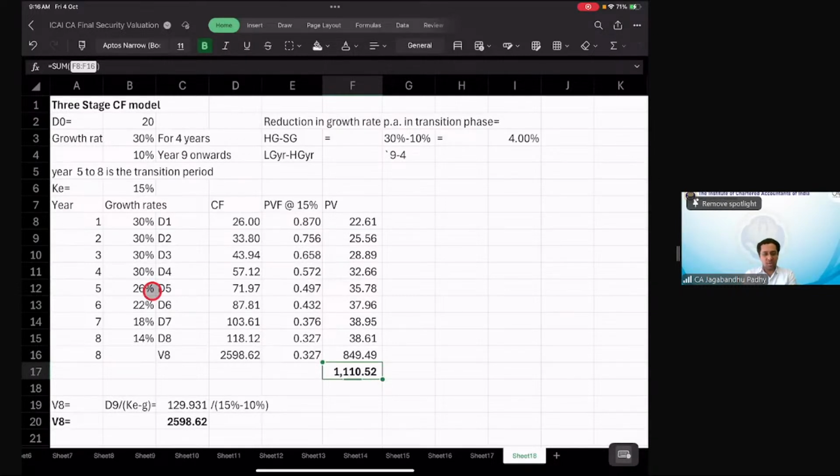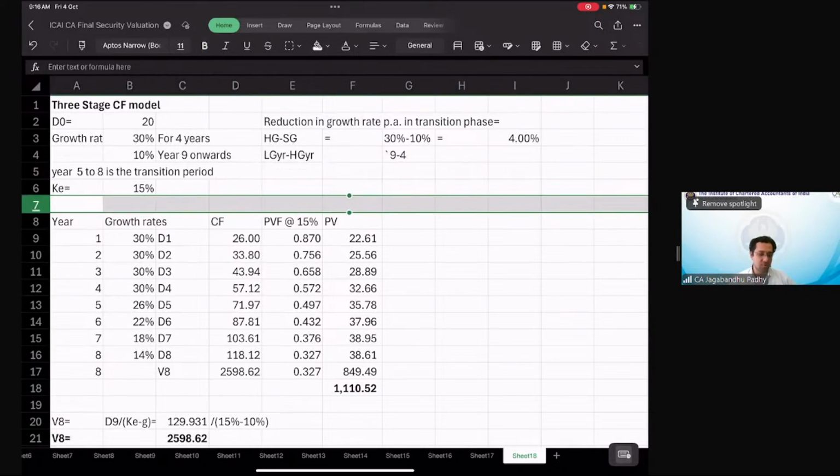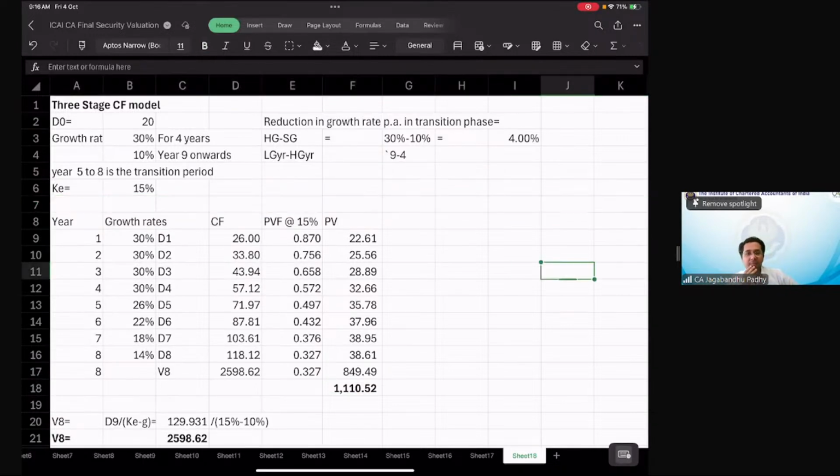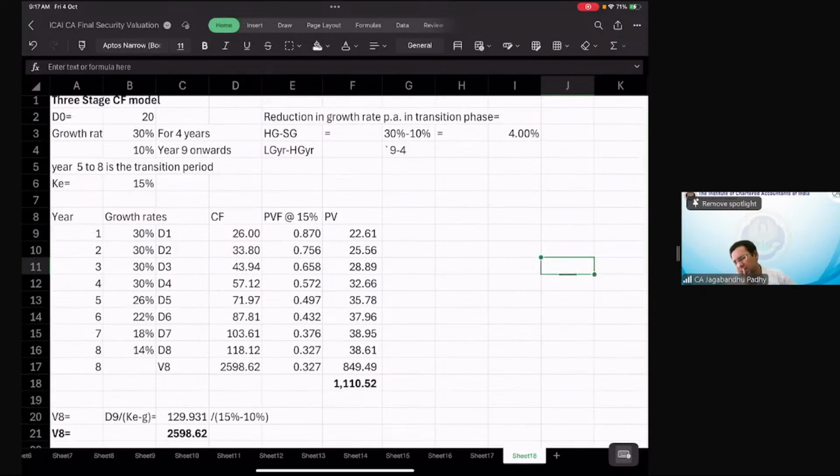If you want, you can copy these things quickly. Then we'll go for some questions and then EV EBITDA. Let's take up EV EBITDA discussion for now. A couple of minutes for you to write it down.